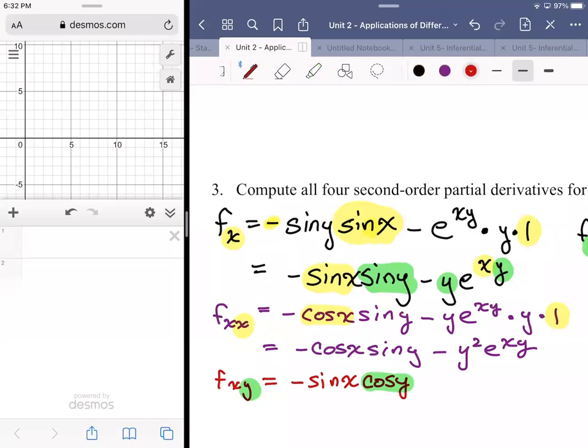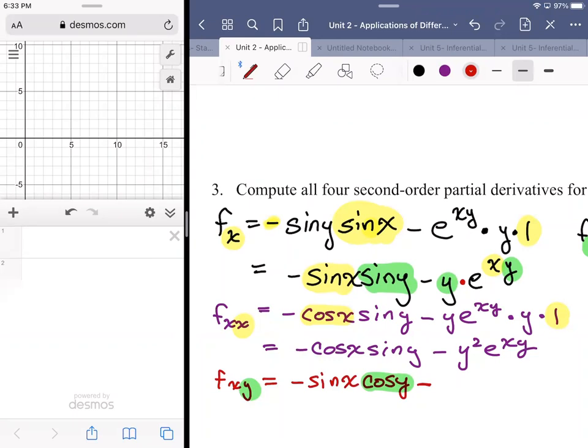But then I'm looking at this part here, which is now really the product of two functions, each containing a y. Y is not a constant anymore, it's a variable. Since I have two variable functions, I have to treat it like any other problem in which I have two functions being multiplied together. It's a product, so I have to use the product rule.